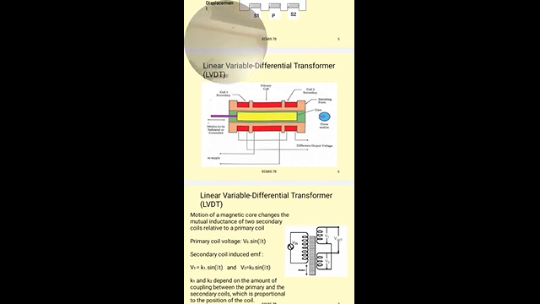The output voltage is the difference between the two voltages Vs1 and Vs2, because they are connected 180 degrees out of phase.